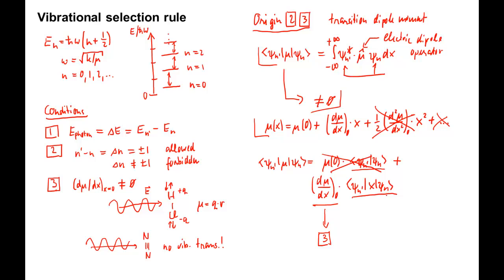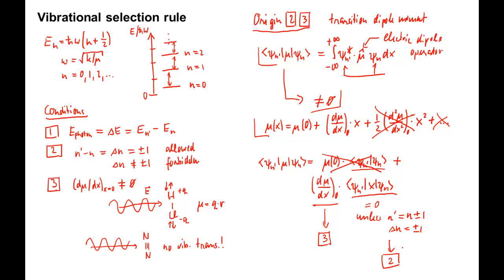We can make use of a recursion relationship between Hermite polynomials, and after a bit of work, it turns out that this integral equals 0 unless n prime equals n plus or minus 1, or in other words, delta n equals plus or minus 1. Now this is exactly condition number 2 of the vibrational selection rule.